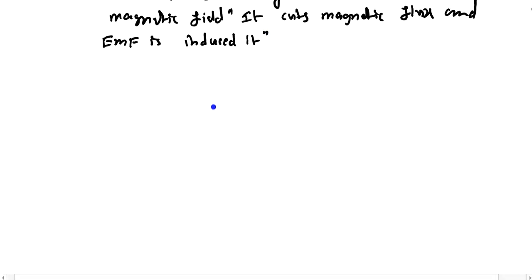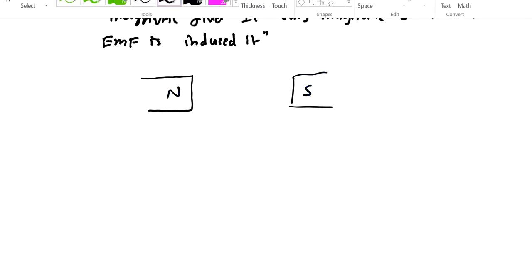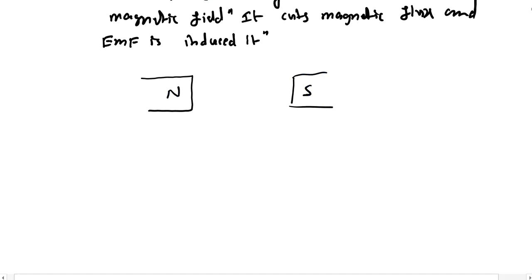To understand this, let us consider a simple magnet with north and south. Obviously the magnetic flux goes from the north to the south side.